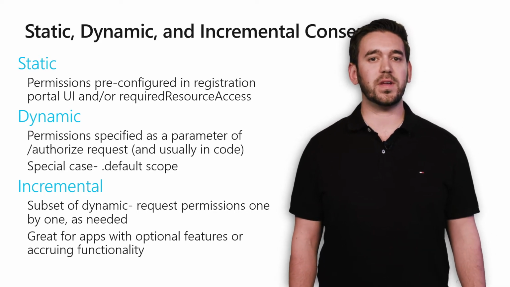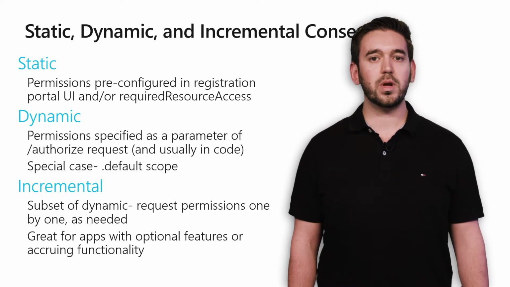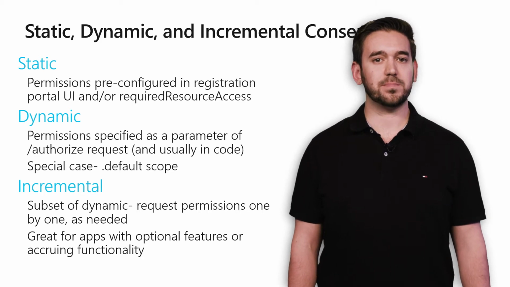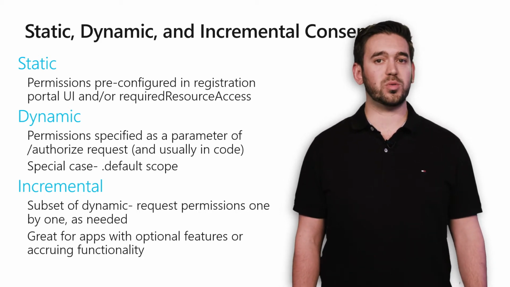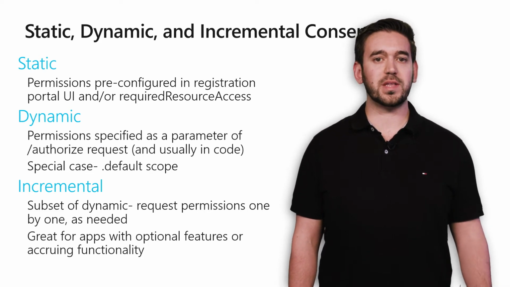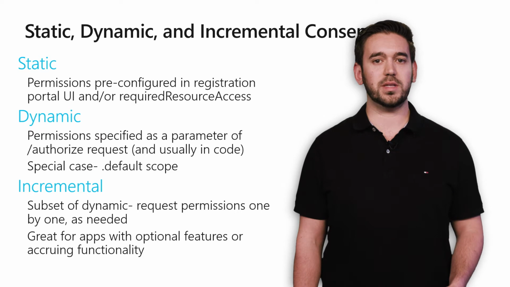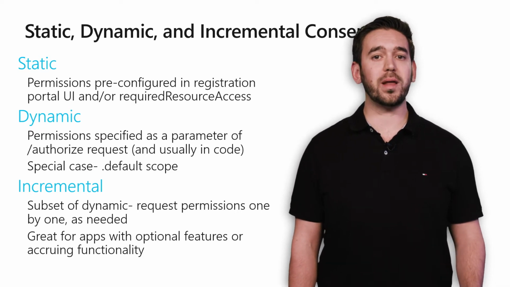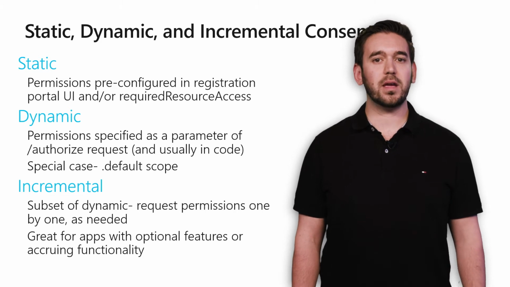Static permissions are configured by either selecting certain permissions in the app registration portal or by specifying them manually in the required resource access section of the app manifest. Static consent is the only option when working with the V1 endpoint. There's just a single set of permissions that will be prompted for every time the user needs to ask for consent in V1. In the V2 endpoint, dynamic and incremental permissions are an option as well.